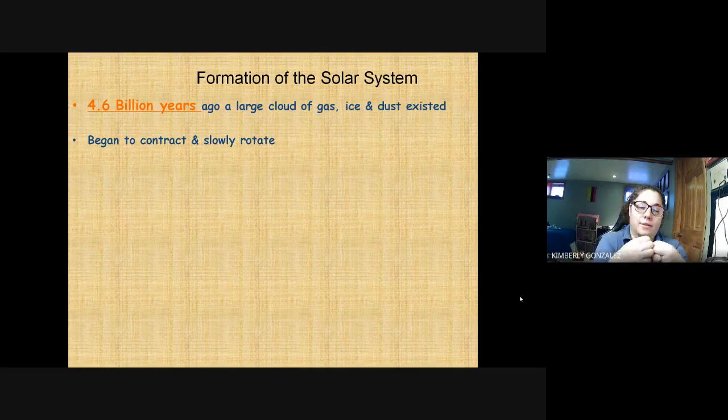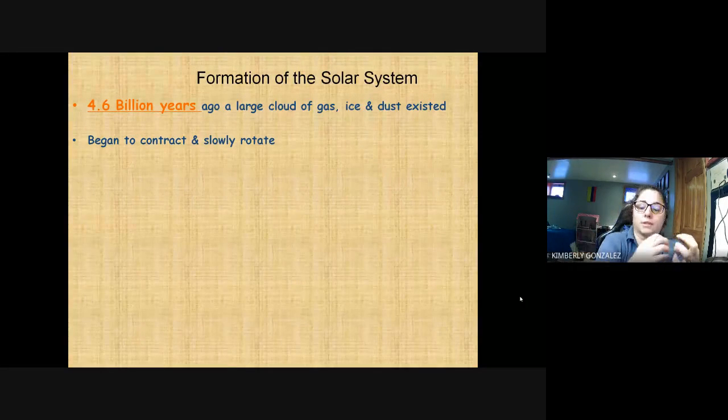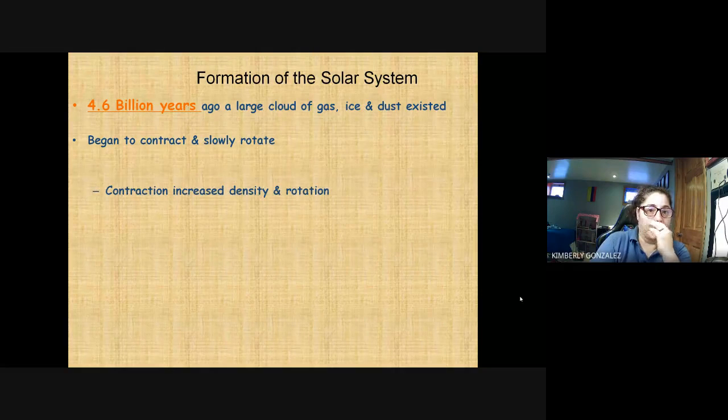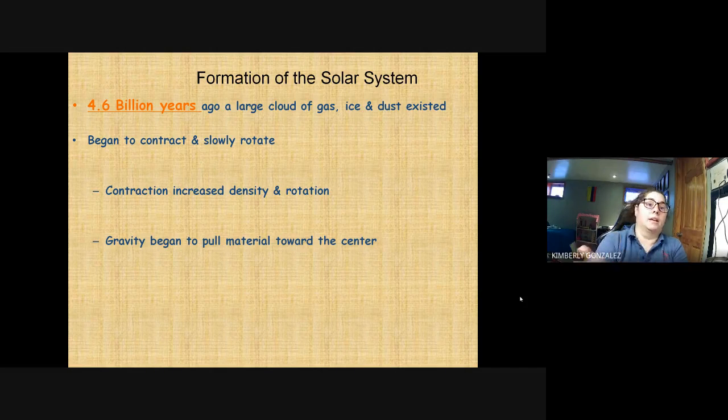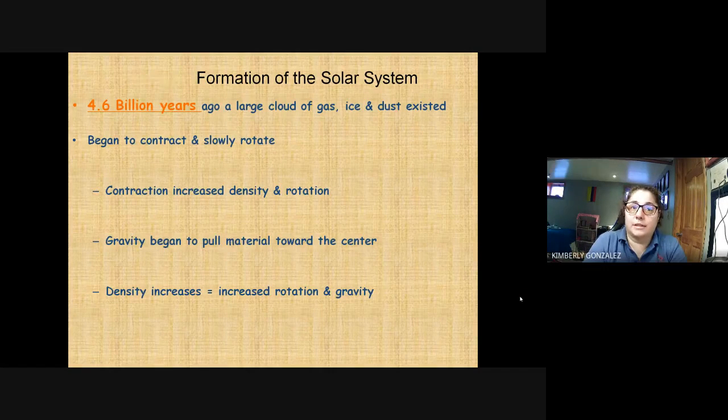When they form gravitational pull, then they're supposed to pull more stuff in, and then they rotate faster. When they contract, you're going to increase the density because now you have more stuff together, which means there's more of a gravitational pull, and they're going to rotate faster. Again, gravity begins to pull towards the center, density increases, you increase rotation and gravity. Notice the theme.